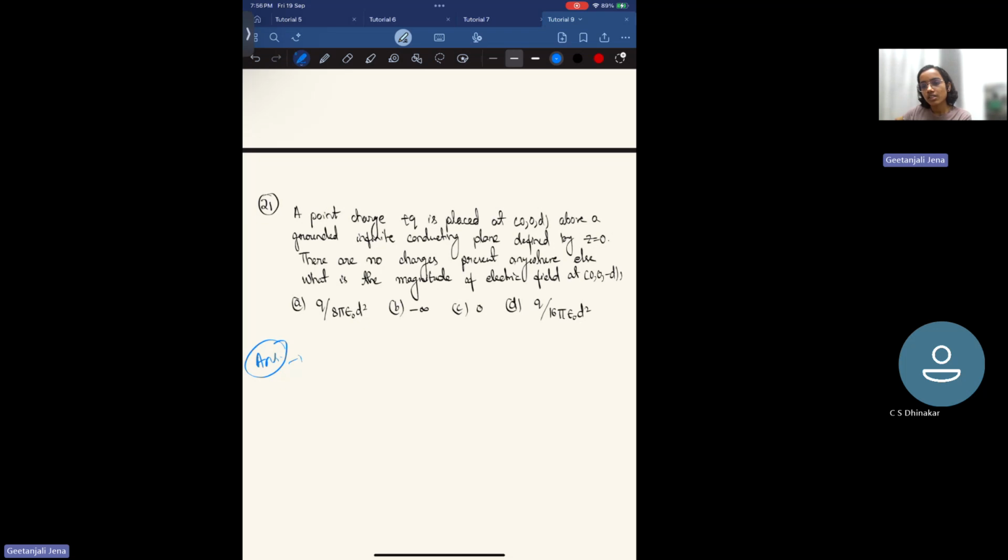Yes, the previous answer is 4 pi. Can you let me know the answer for this?